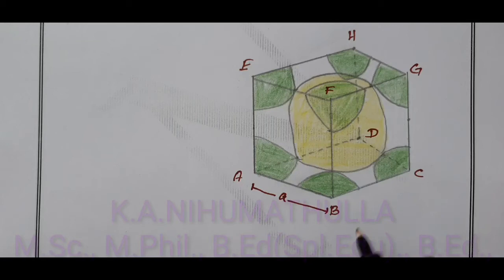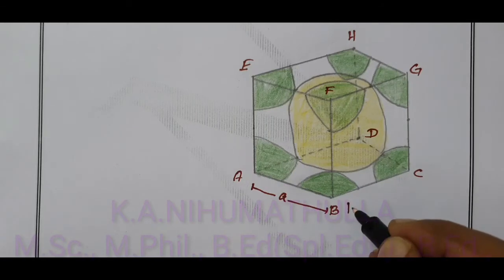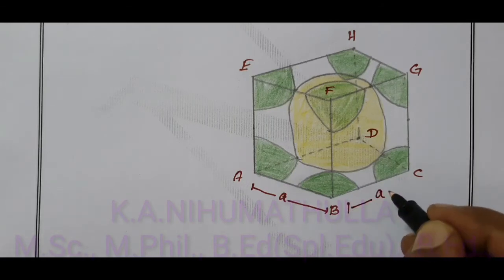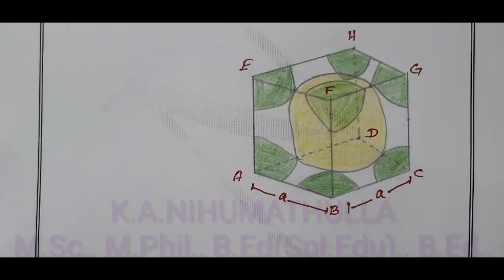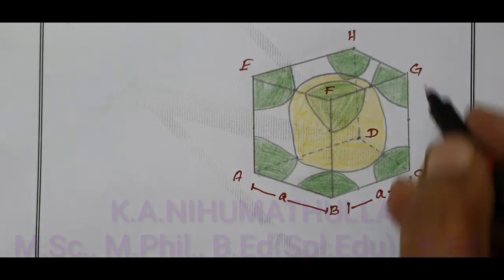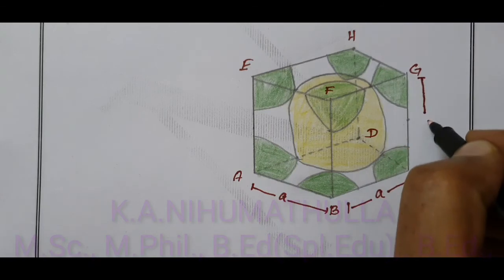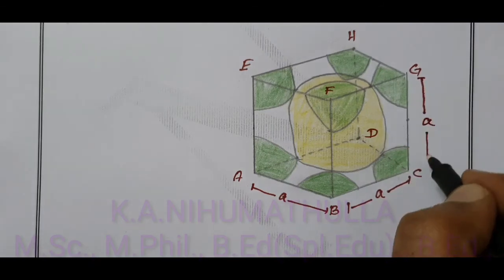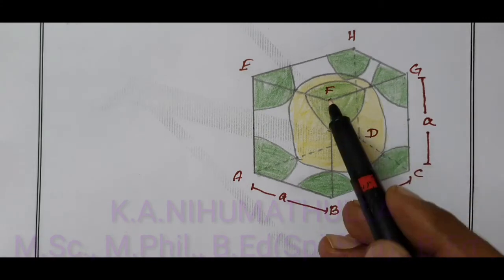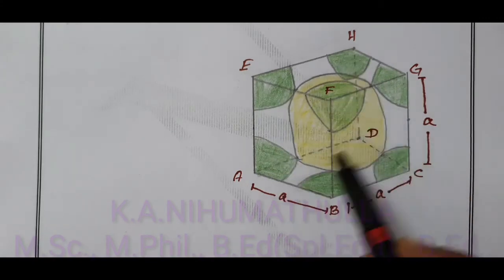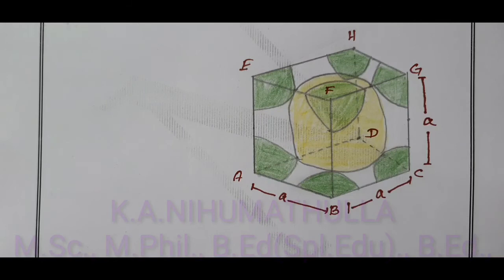We know the value of AB is a. Starting from this up to C, the value is edge length a. Starting from C up to G, the value is a. The distance between any 2 adjacent points in the cube is a.